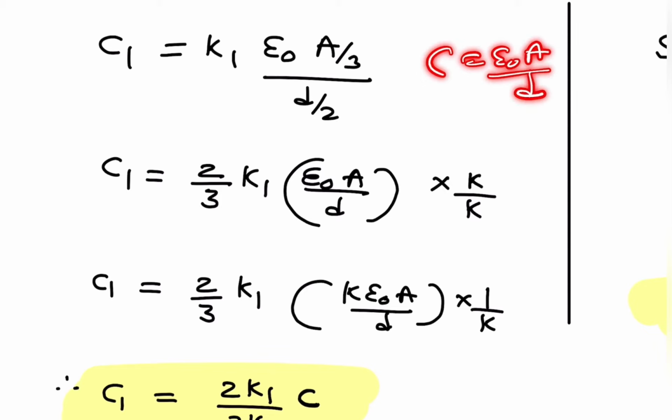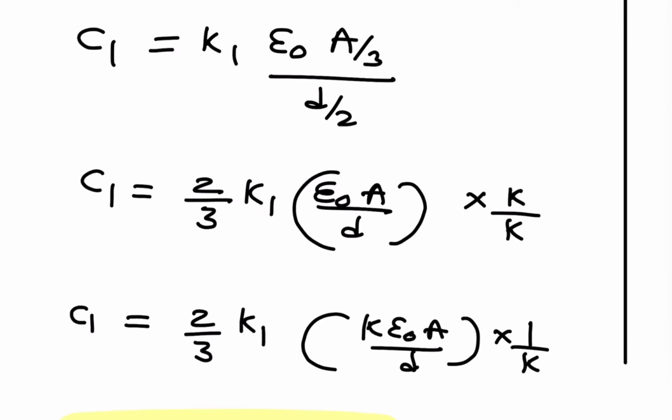From this formula, the parallel plate capacitance C1 is equal to K1 times epsilon naught A by 3 in the denominator D by 2. So C1 is equal to 2 by 3. After simplifying, C1 comes out to be 2 by 3 K1 epsilon naught A by D, multiplied by K and divided by K, the dielectric constant.